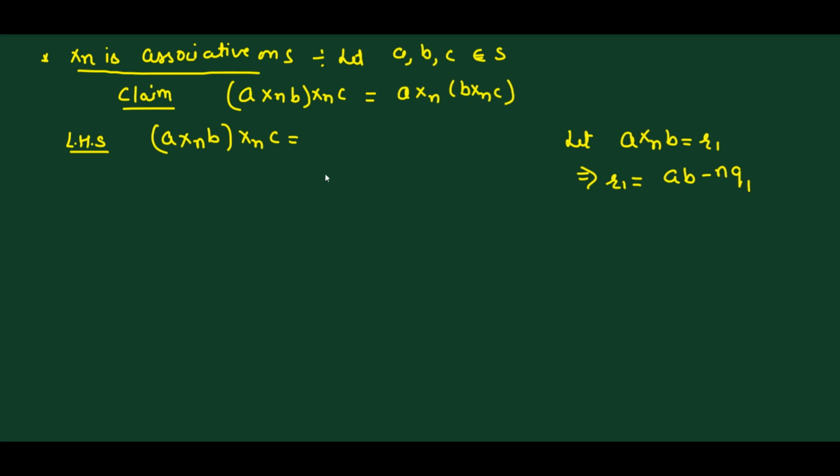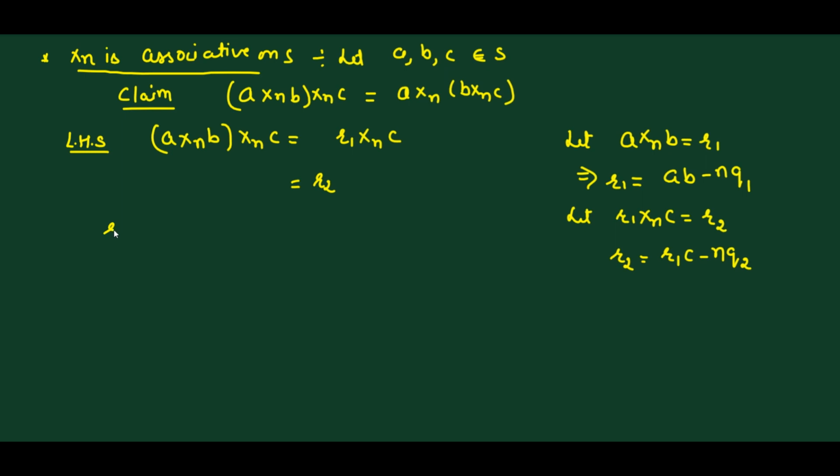Okay, so this is equal to R1 C. Let us assume R1 combined with C is R2, because every time you apply this operation you get a remainder. Here we get the remainder R2, which is the remainder when R1 times C is divided by N, and suppose Q2 is the quotient here. So R2 is R1C minus NQ2.